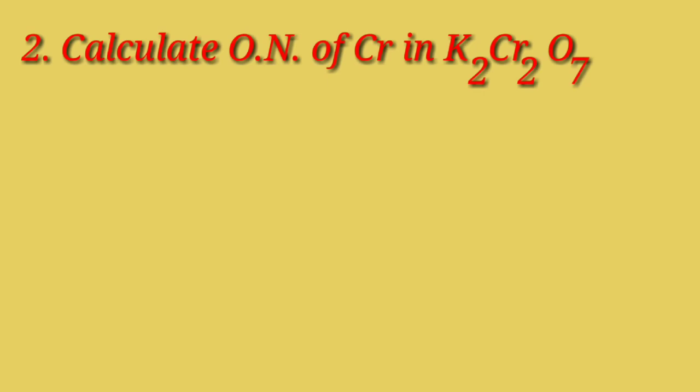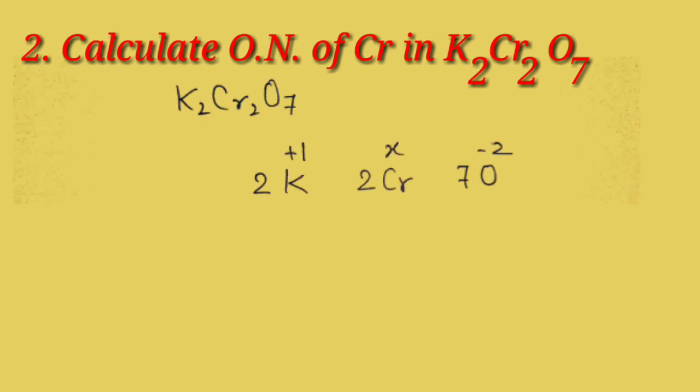Next is calculate oxidation number of chromium in potassium dichromate, that is K2Cr2O7. So over here, potassium is alkali metal, so its oxidation number is +1. Oxygen, its oxidation number is -2.